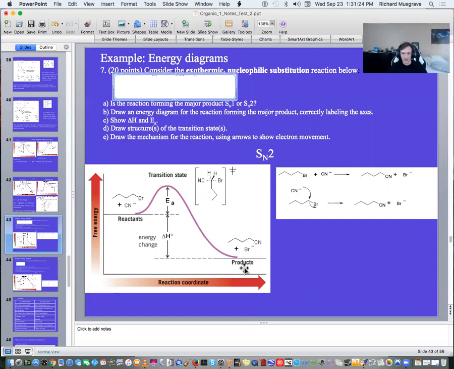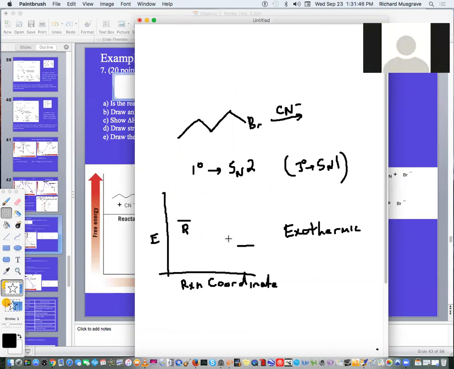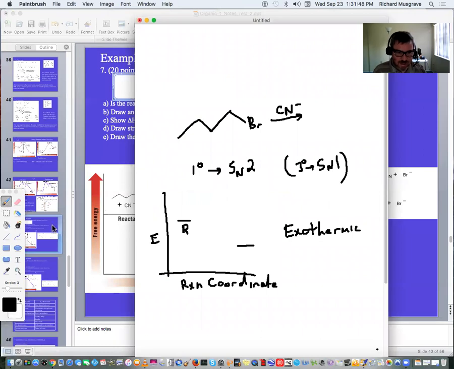I just want to double check what you drew. Oh, sorry. I mixed up the R and the P. Nice catch. All right, you got me. So the reactants go above the products.